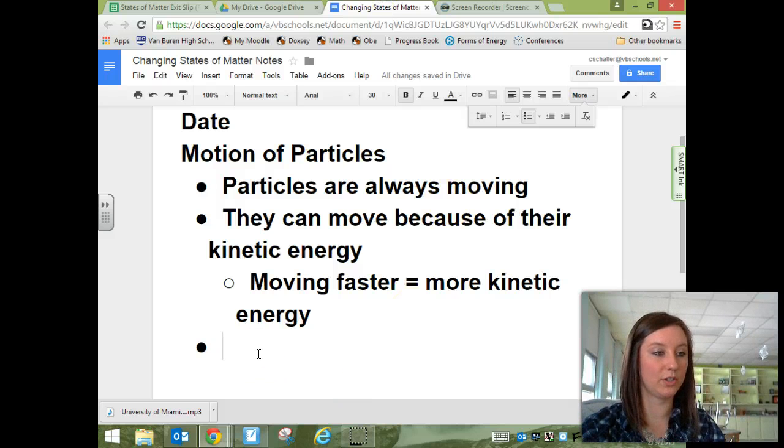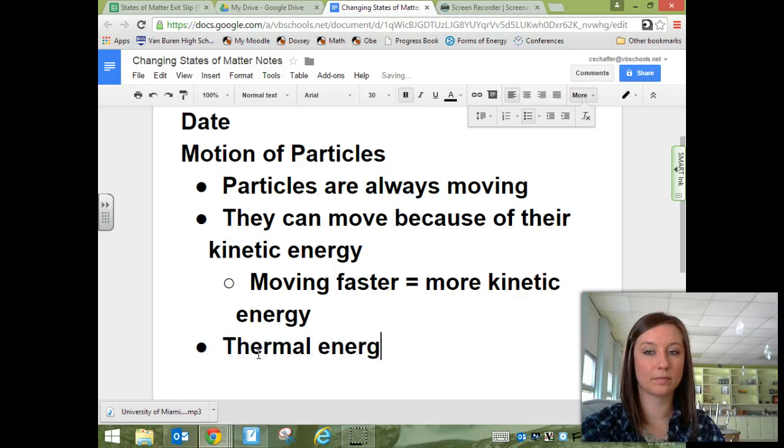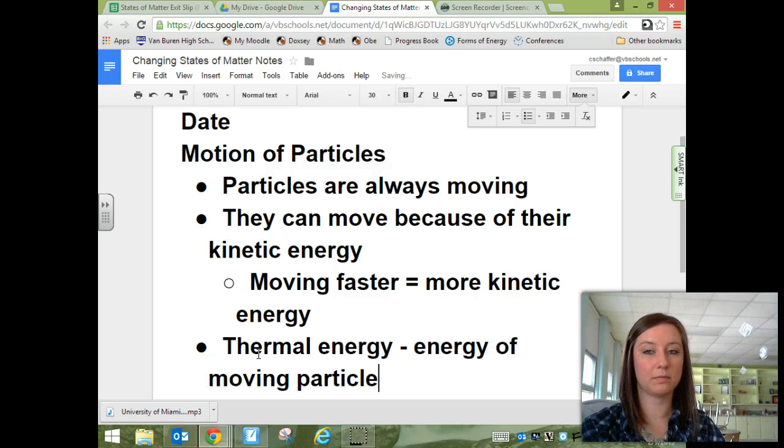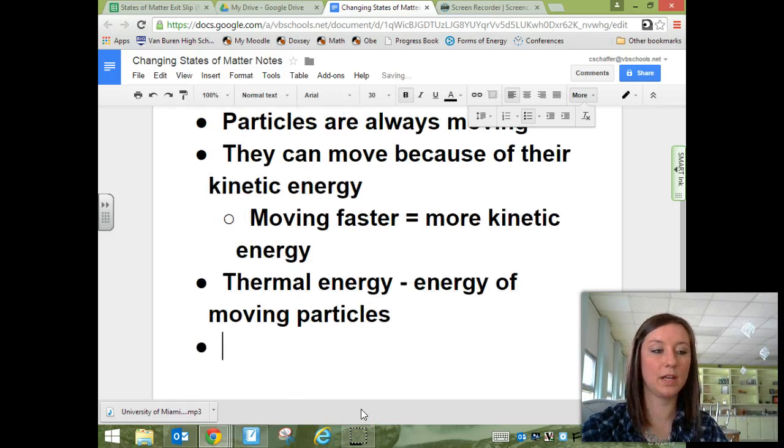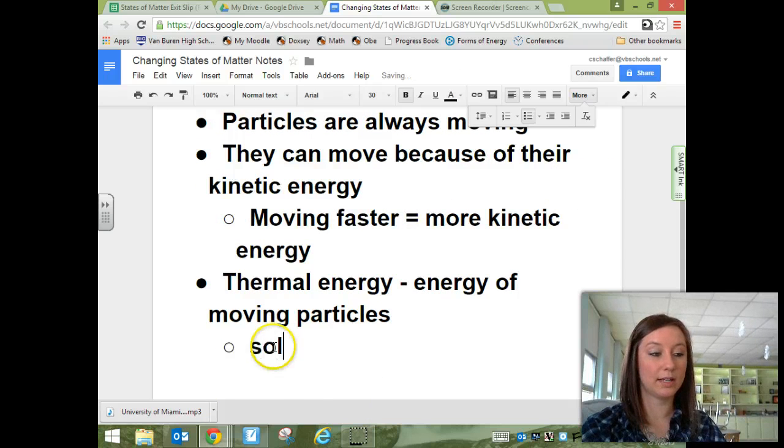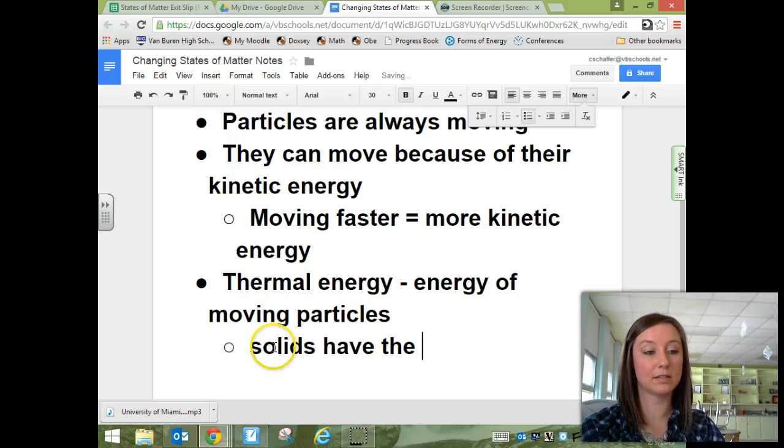Thermal energy: energy of moving particles. That's really all we need to take from that there. And I might say, solids have the least and gases have the most.